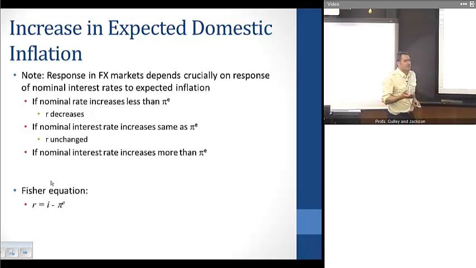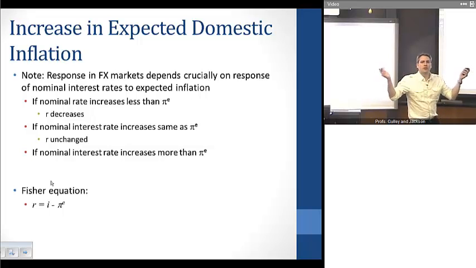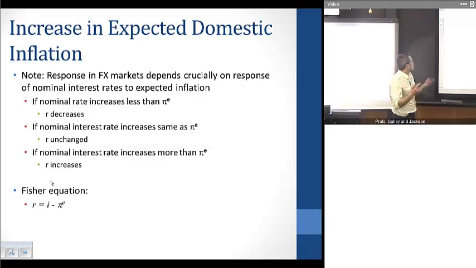However, if it's the case that inflation is going up, expected inflation is rising, and nominal interest rates keep pace with that, then this Fisher equation says the real interest rate is going to be unchanged. So holding everything else constant, the demand for domestic assets should be unchanged, and you wouldn't see any effects there. On the other hand, if we have the case where nominal rates are going up faster or more than expected inflation, then the real interest rate actually is going to rise as a result.